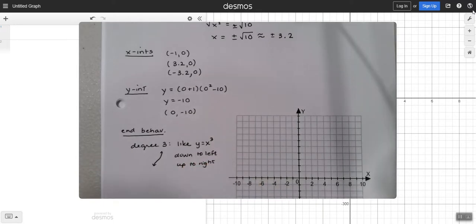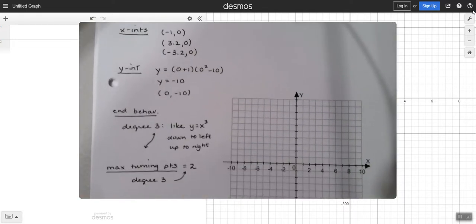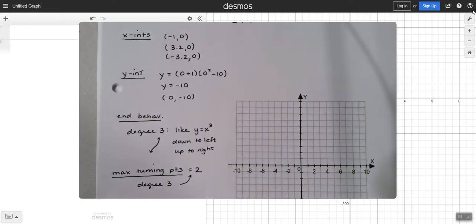One thing that we added recently was the maximum number of turning points, local maximums and minimums. And since the degree is 3, that means there's 1 less, or 2 would be the most turning points we could have here.